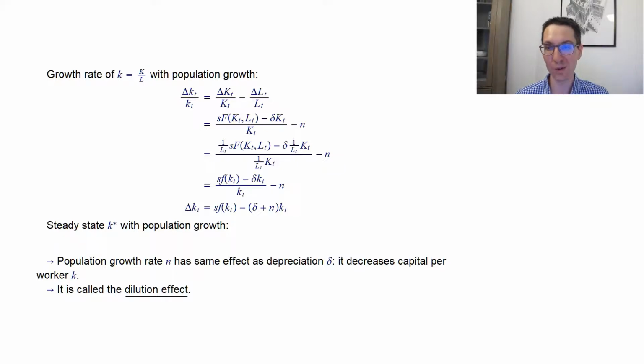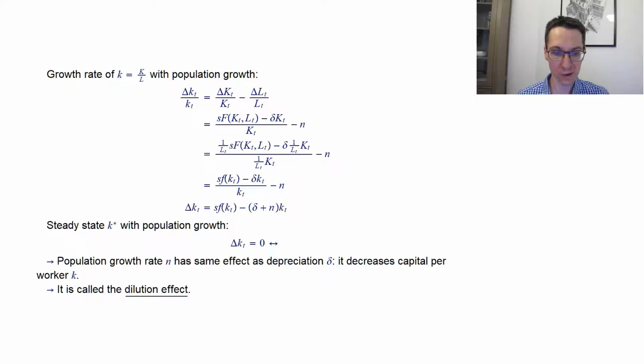But it is increasing the growth of the capital stock, while decreasing the growth of per capita capital. Basically, if I add more workers, this reduces the amount of capital per worker I have.